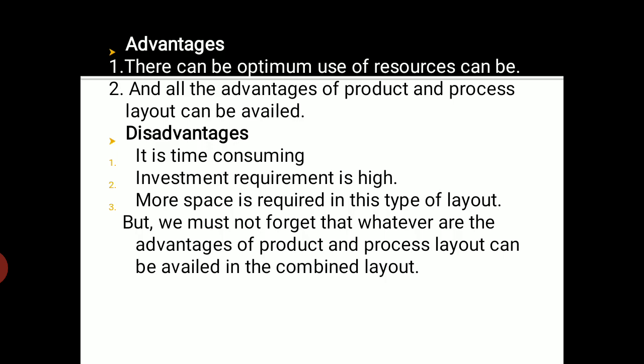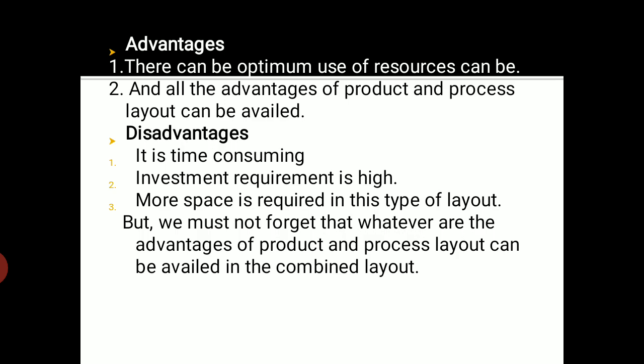But what is important are the last few lines in this slide. We must not forget that whatever are the advantages of product and process layout can be availed in the combined layout. Yes, that is the point why hybrid layout is opted for by the manufacturer.